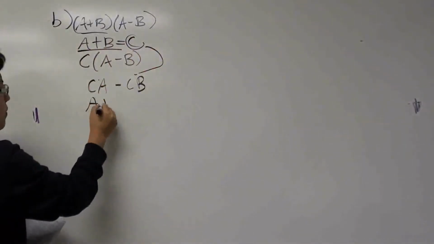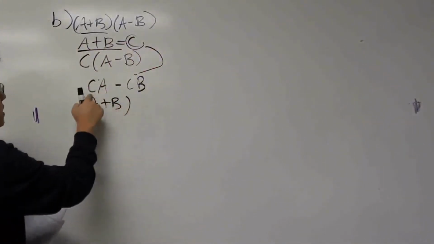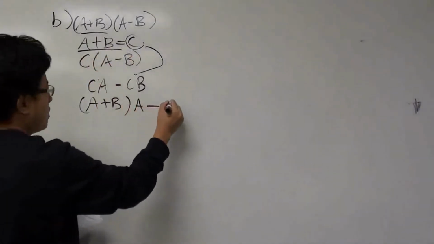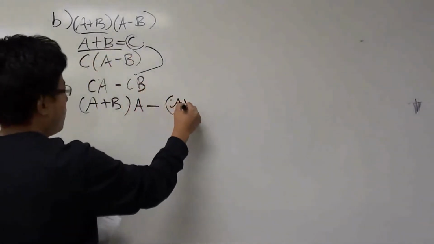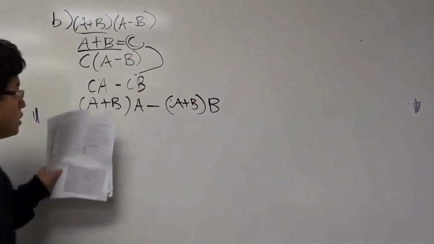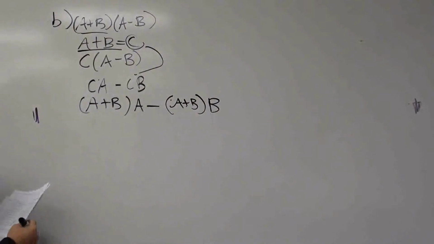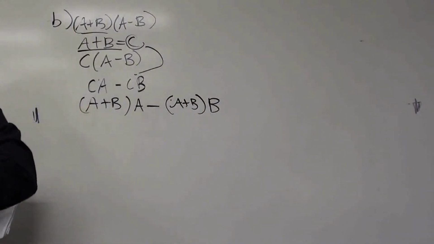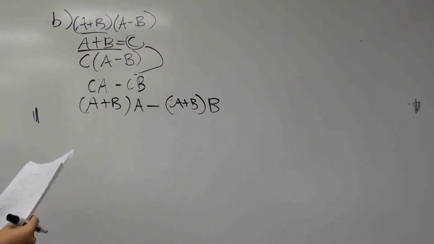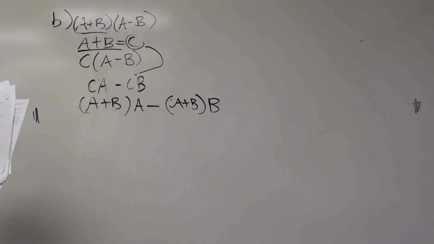It's going to be (A+B) replacing C, because C equals A plus B, so (A+B)A minus (A+B)B, the same thing as this. And that's all there is. I was just trying to see how this would link to 31C, but nonetheless, that's the formula that will work.